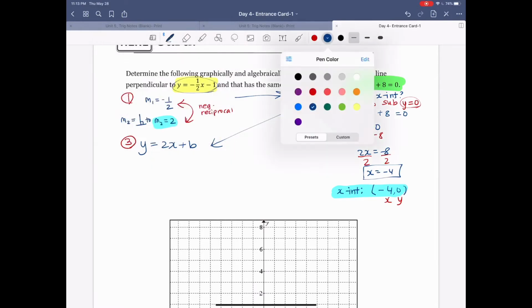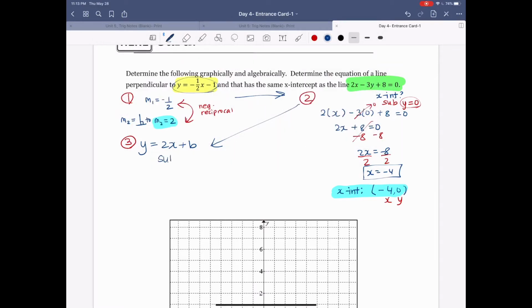And so I'm now going to sub in my new coordinate. So I'm going to sub (-4, 0), and I get 0 is equal to 2(-4) plus b. So now I get 0 equals -8 plus b. And therefore, I'm going to add 8 to both sides, and b is equal to 8.